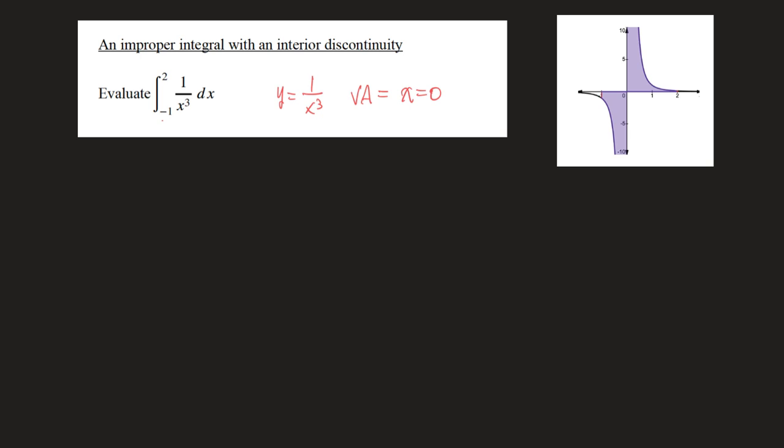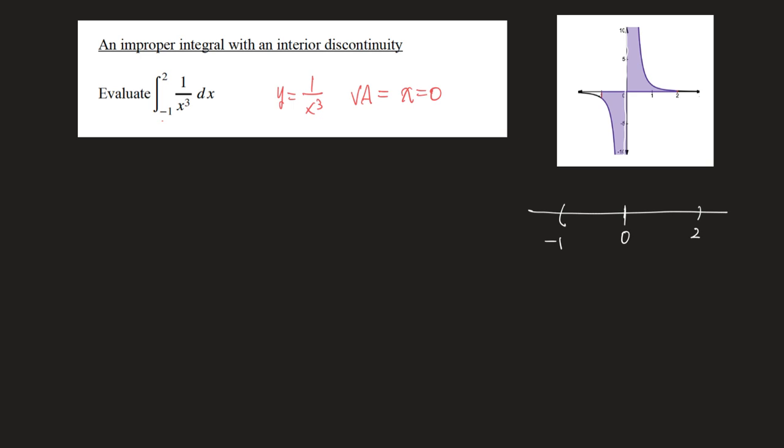So here is a number line: here is negative 2, here negative 1, here is 2. The lower limit is negative 1, the upper limit is 2. 0 is right here in the center. This vertical asymptote is in the middle.